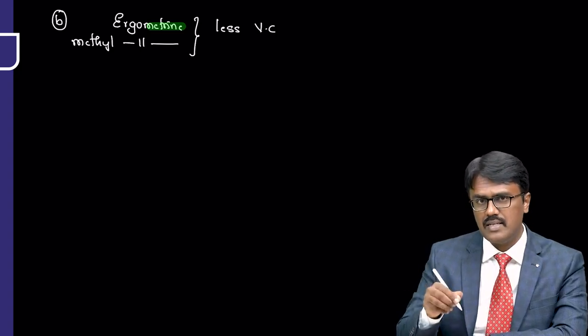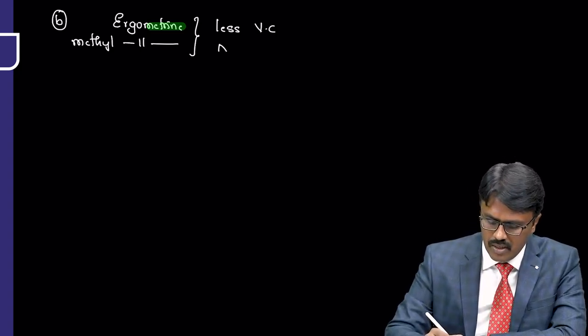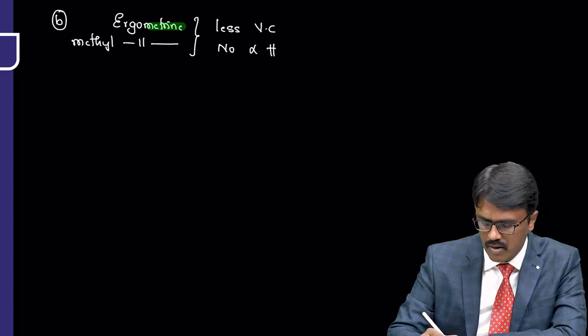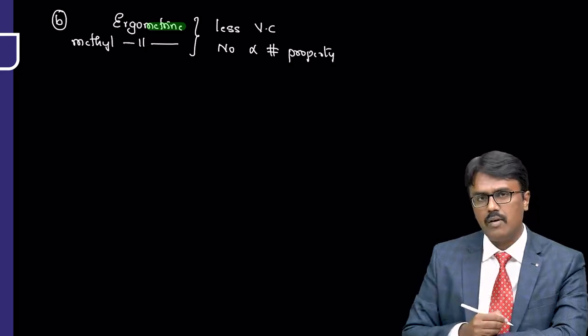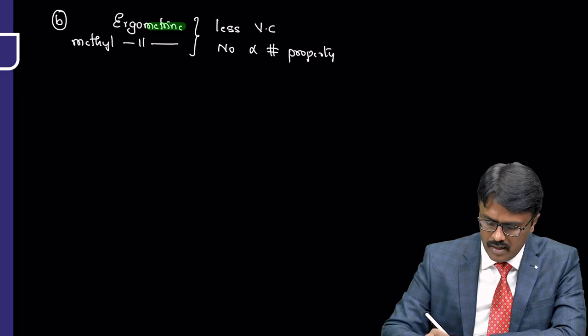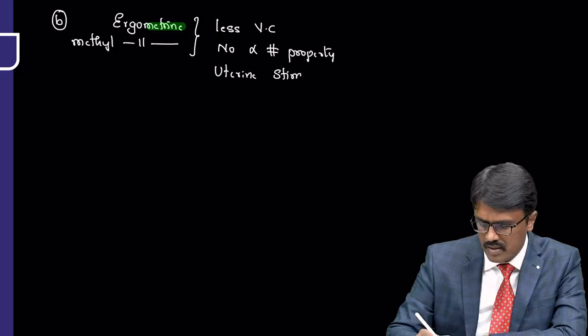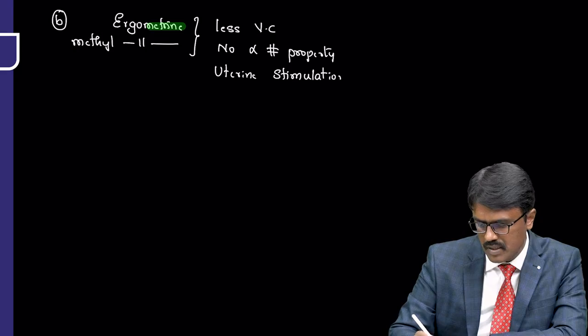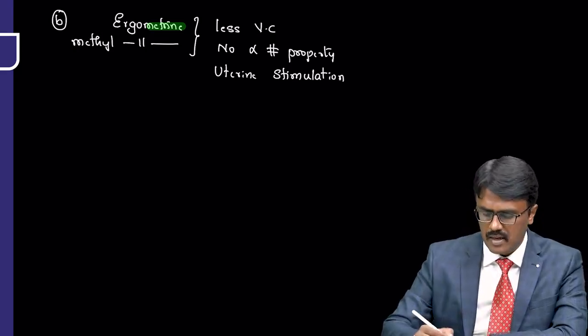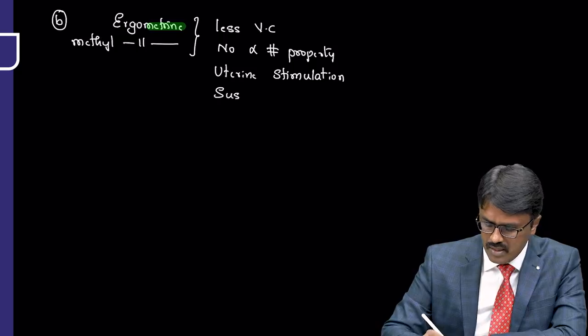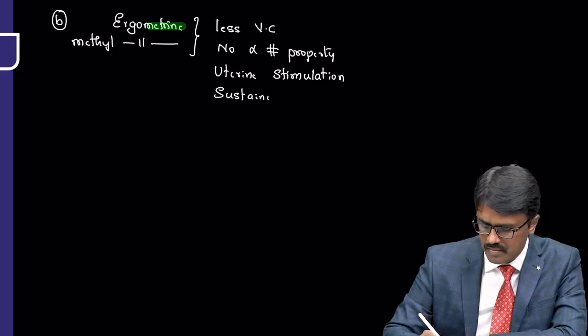They constrict but with lesser chances, and they have no alpha blocking property. That is the difference between ergotamine and ergometrine. They are uterine stimulants, and they cause sustained uterine contraction.